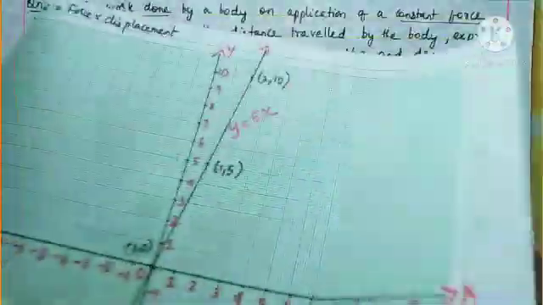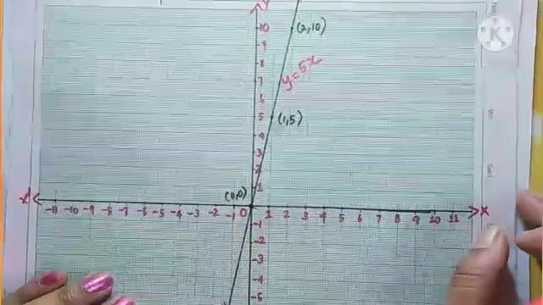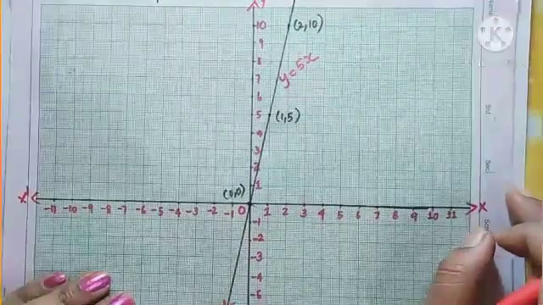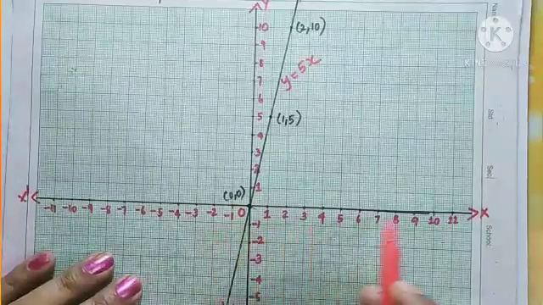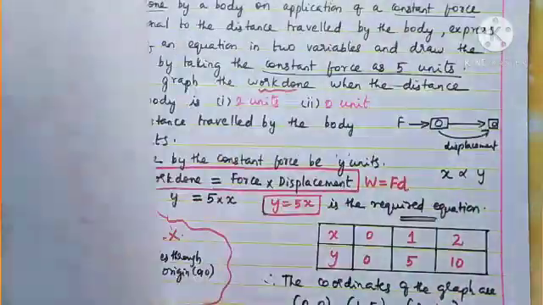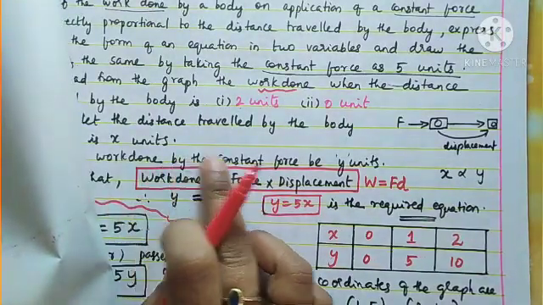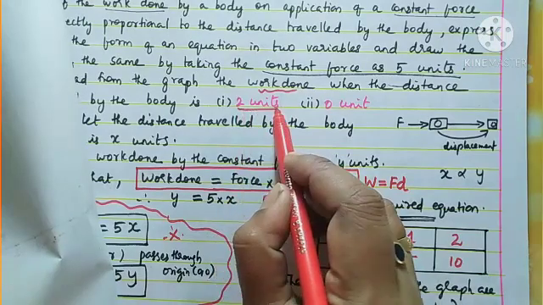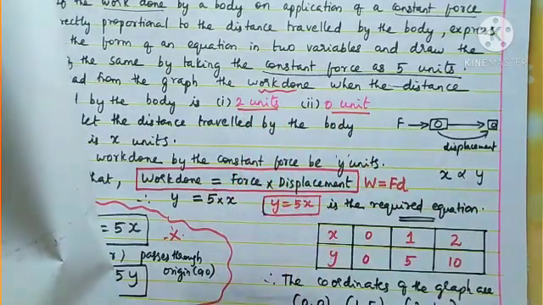Okay, so take your graph again. So we are going to find out the solution. What is the thing here? X is our distance and y is our work done. Okay, so the given 2 units is distance, 0 units is also distance.